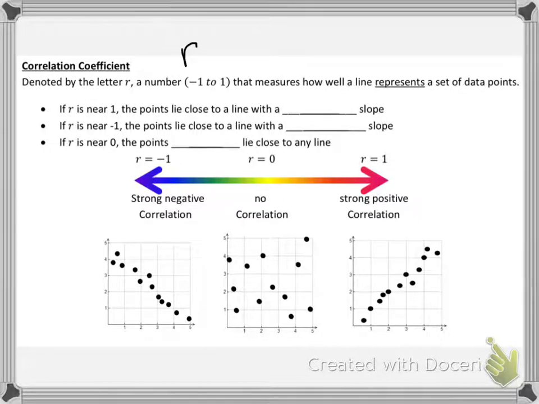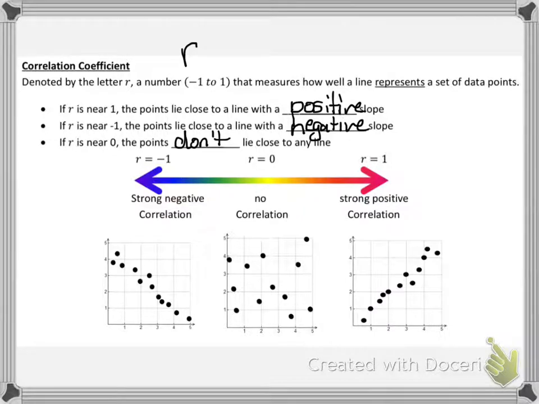So if R is near 1, the points lie close to a line with a positive slope. If R is near -1, the points lie close to a line with a negative slope. And if R is 0, the points don't lie close to any line. They're just all over the place.